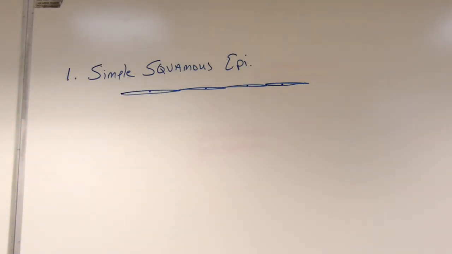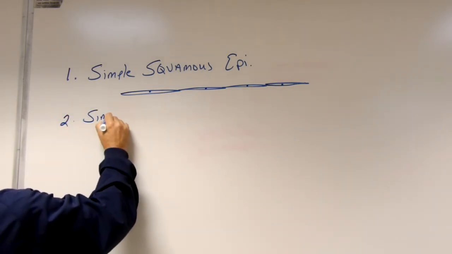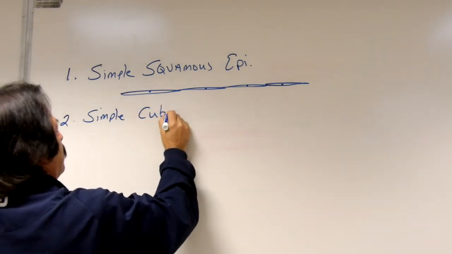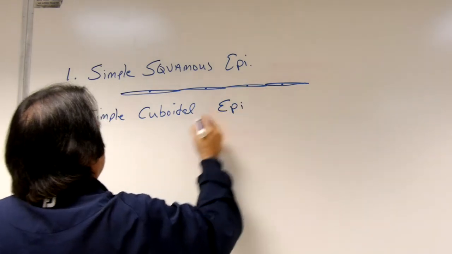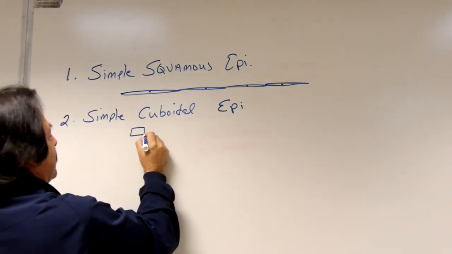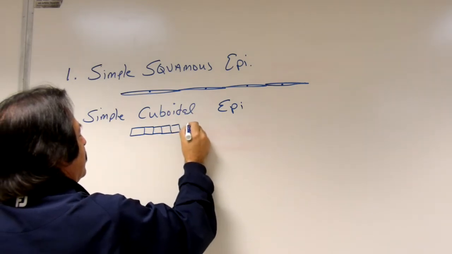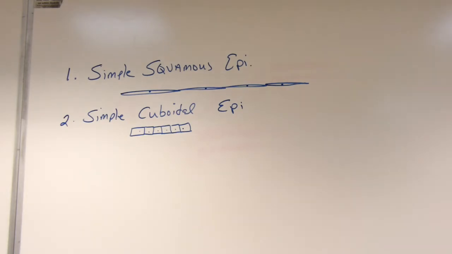One single layer. Okay? Kind of teardrop. Number 2. Simple cuboidal epithelium. And just as it says, one layer thick, and instead our cells are now what? Shaped like cubes. Okay?